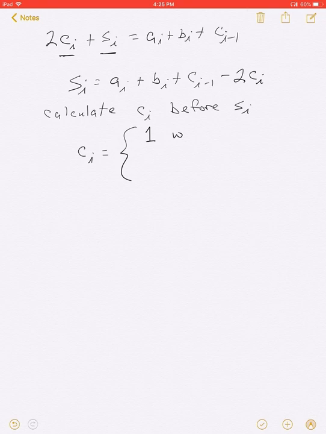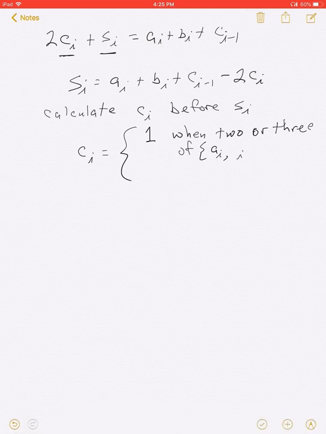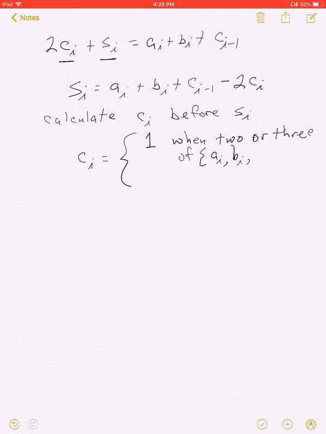Ci is equal to 1 when 2 or 3 of Ai, oops, that'll be Bi, Ai, Bi, and Ci minus 1 equal 1.